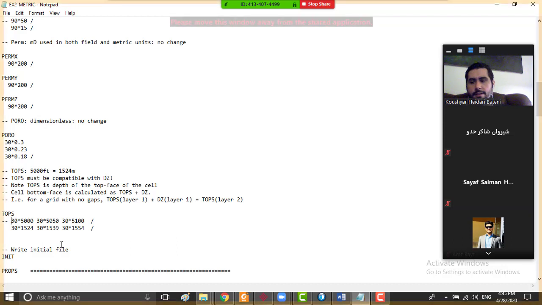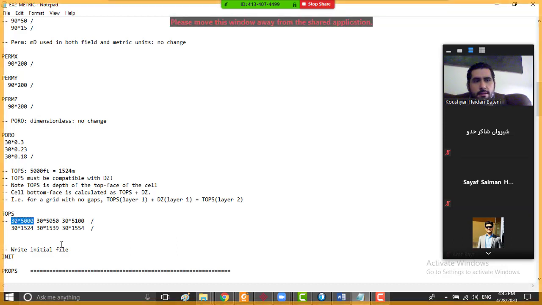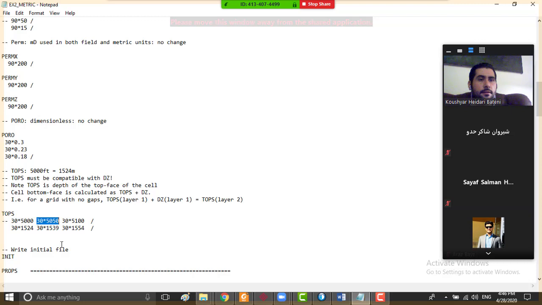So for the first 30 blocks, the depth of the top of the block is 5,000. For the next 30 blocks, look at the screen, the depth of the top of the block is 5,050 feet. What about the blocks in the third layer?